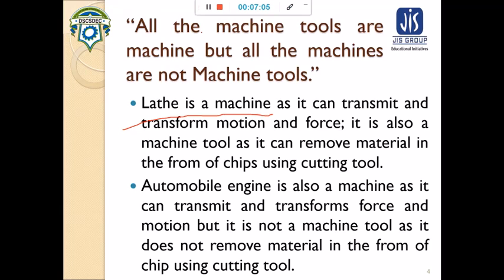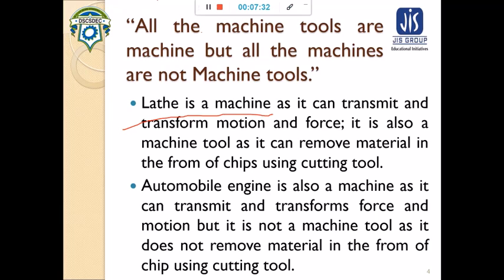What is the purpose of that lathe? The purpose of that lathe is to remove material from the workpiece, and that is achieved by using a wedge shape tool, called a cutting tool. So we can say that a lathe is a machine as well as a machine tool.